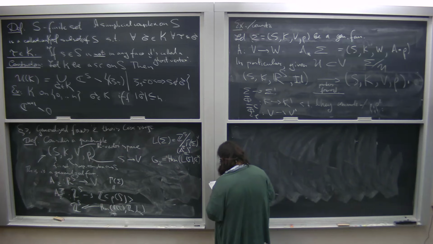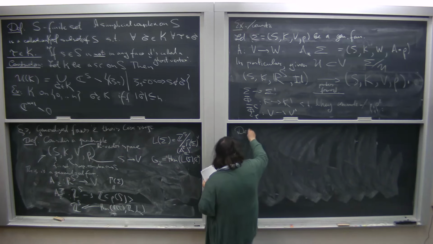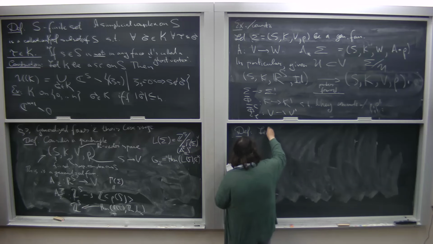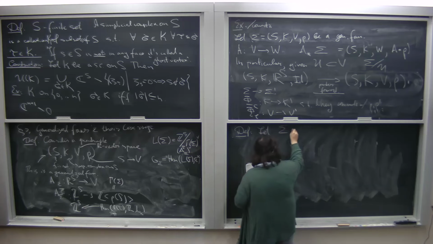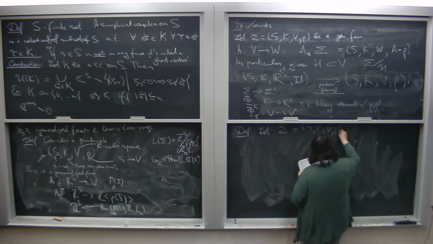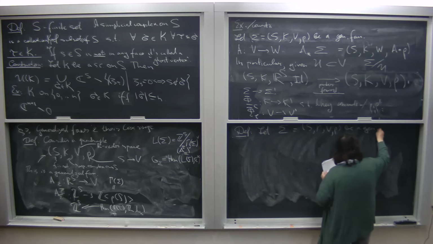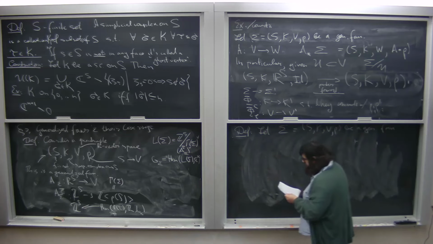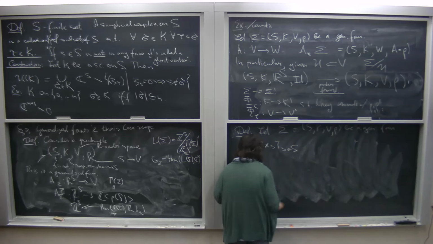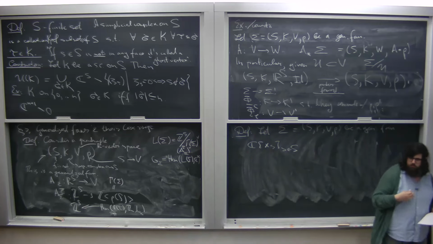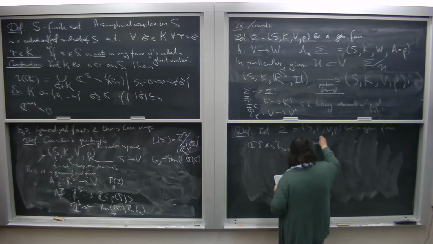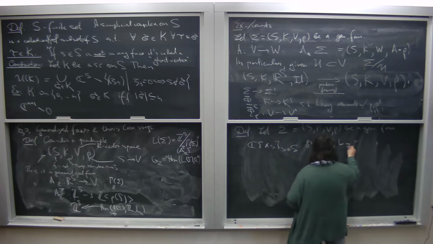Okay. So now let me define Cox rings of generalized fans. Let sigma be a generalized fan. Then its Cox ring, rather unimaginatively, is just a polynomial ring on generators corresponding to the elements of S, graded by L sigma.